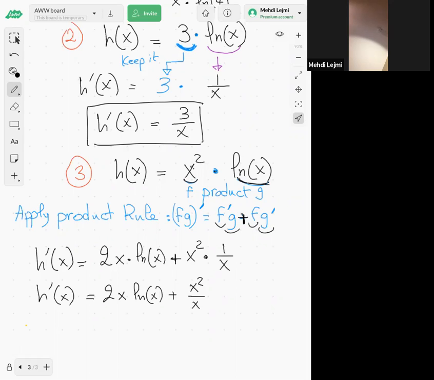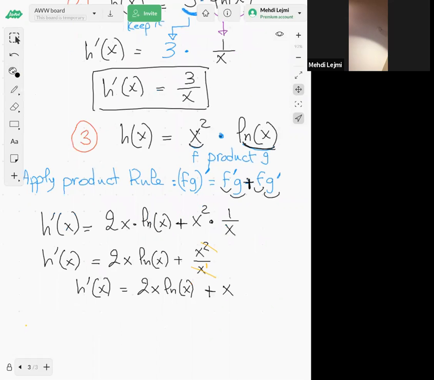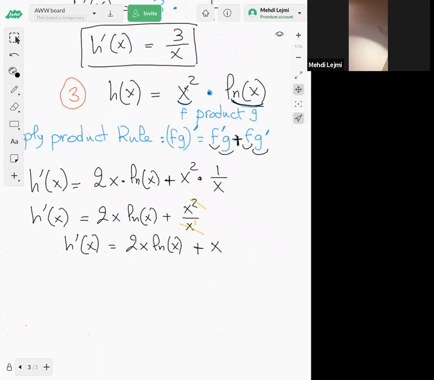Well, here you can simplify x squared over x. x is power 1, so you subtract 1 from 2. So h prime of x is 2x natural log of x plus x. All right, so that would be a fine answer. You can also, if you want, factor out x.